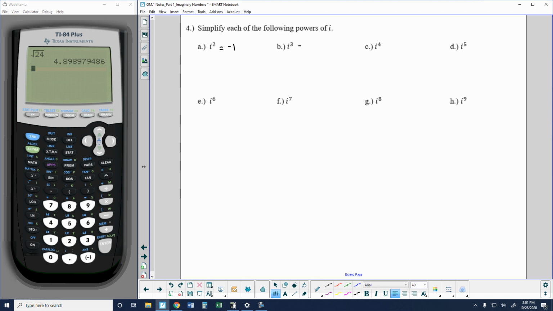Well, i cubed is the same as i times i times i, which is the same as i squared times i, which would be -1 times the root of -1. Or we could just simplify this as -1 times i, or just -i.